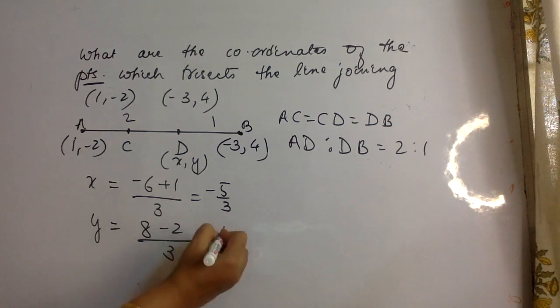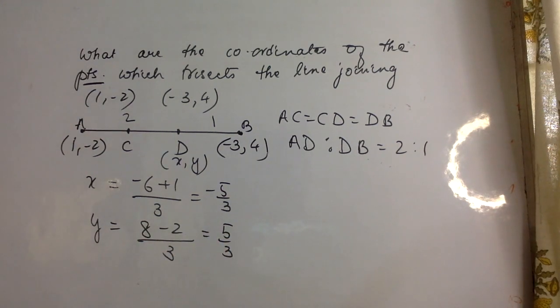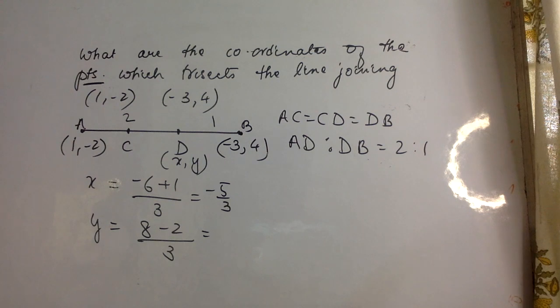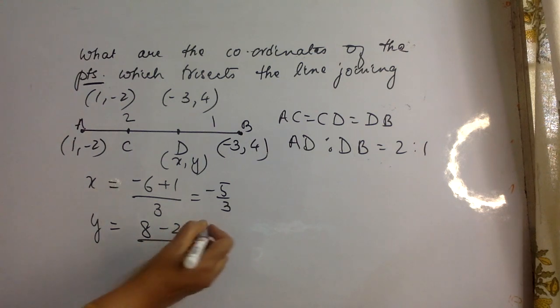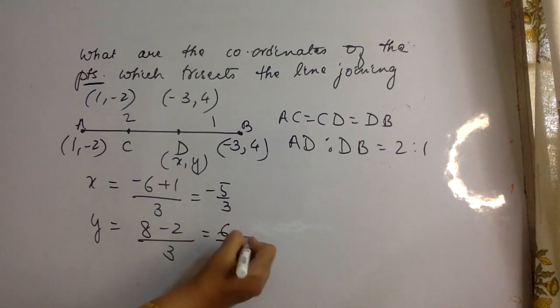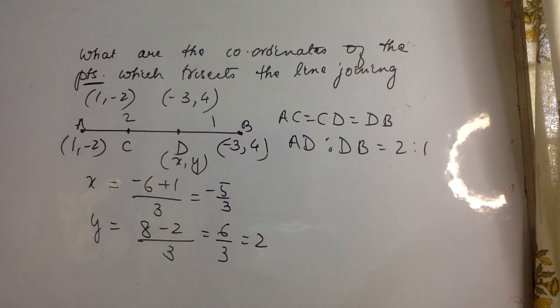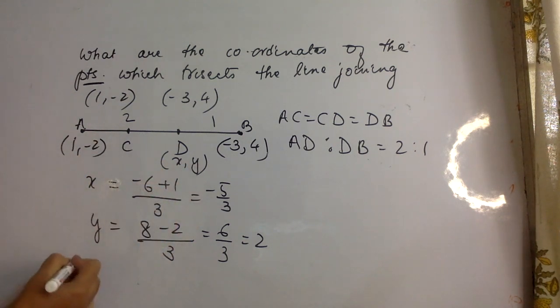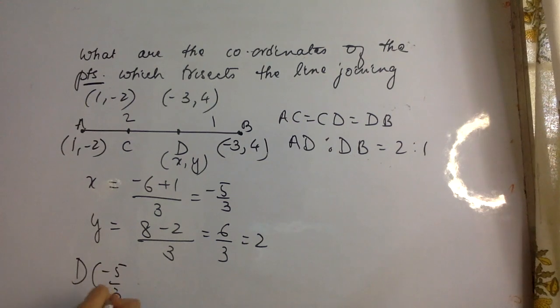Okay, that is 6 by 3, that is 2. Okay, so now we have got the coordinates for D, that is D is minus 5 by 3 and 2. So one of the answers is got, one of the points of trisection we have got.